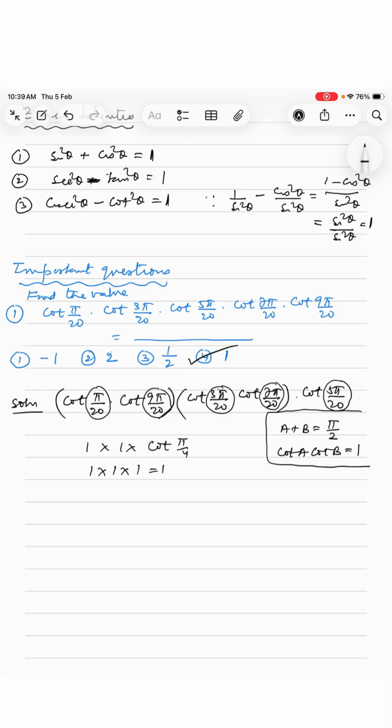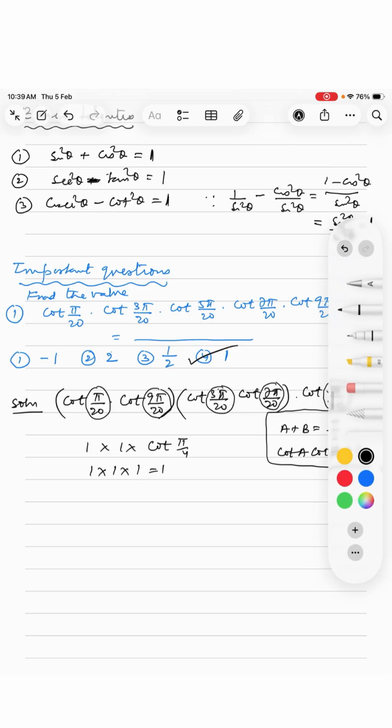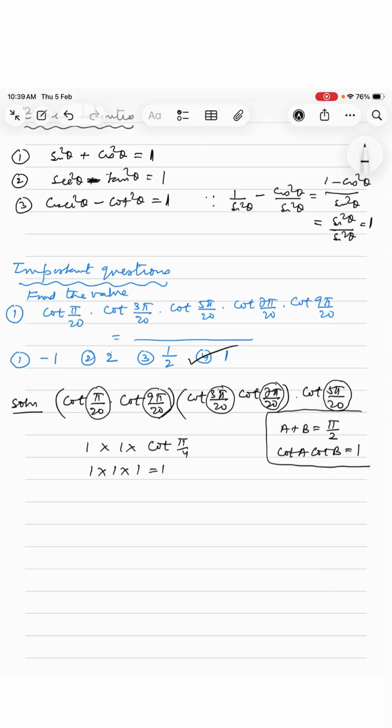Now after that, the second very basic and very useful question is: find the value of 2 into sine to the power of 6 theta plus cos to the power of 6 theta minus 3 into sine to the power of 4 theta plus cos to the power of 4 theta plus 1.